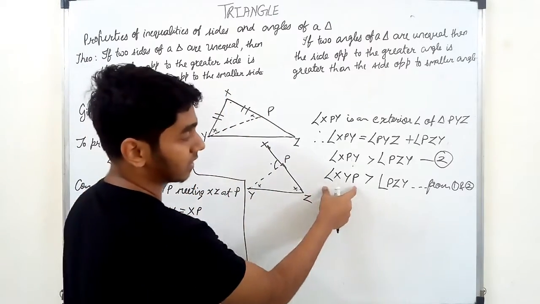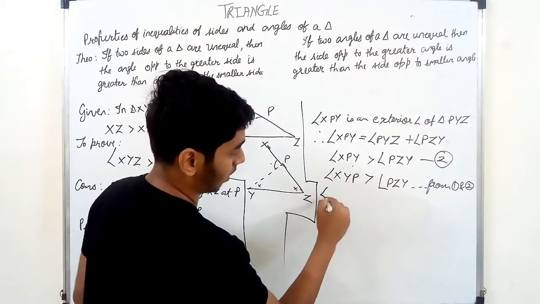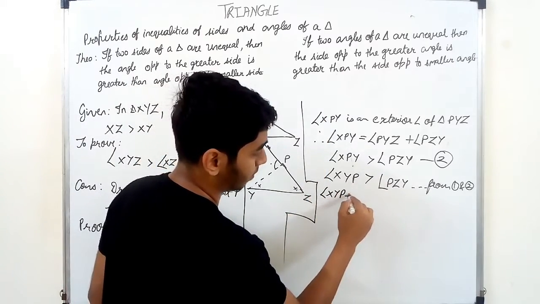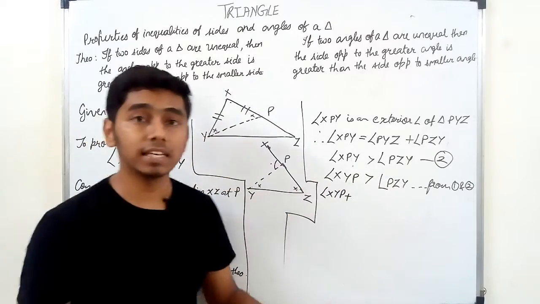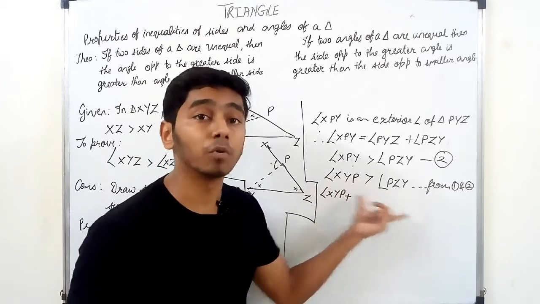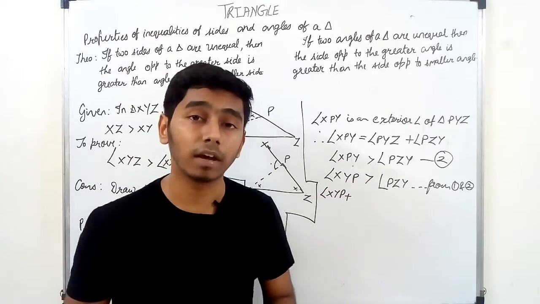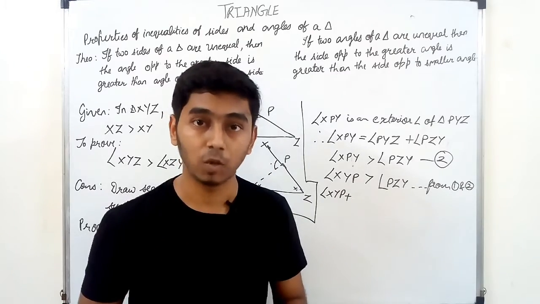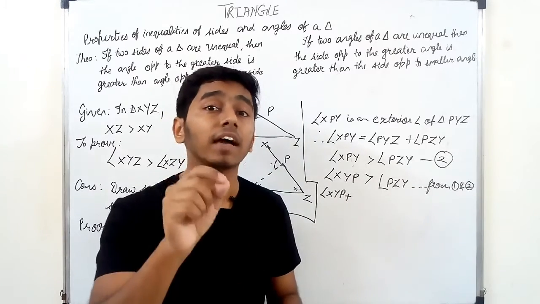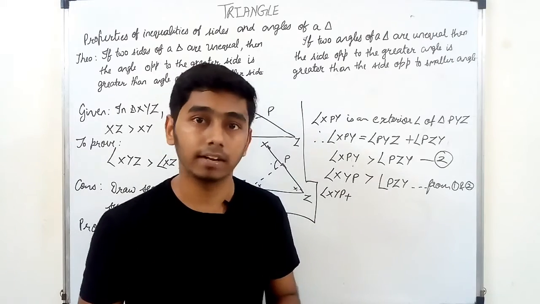Now, if this is greater, can I say angle XYP plus something? If I am older than you, for example, my age is 21 and you are 18. My age is greater than your age, correct?